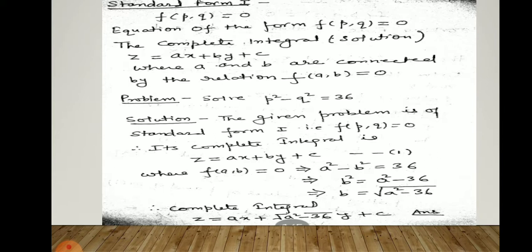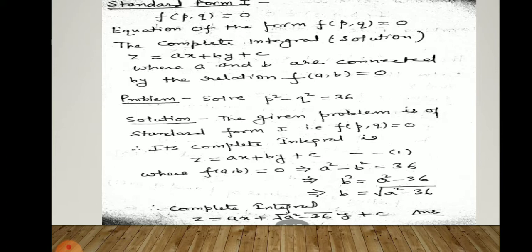So we know that p is equal to del z by del x if z is equal to function of x, y, and q is del z by del y if z is equal to function of x comma y. So it is clear that in standard form 1, the given equation contains p and q only.